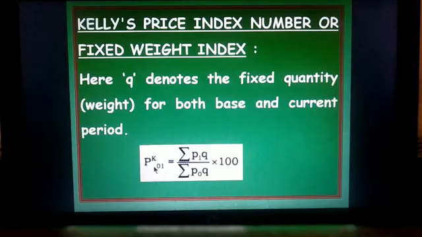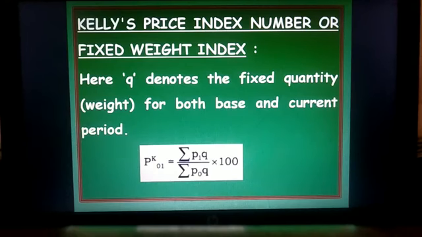So the expression goes in this way. P01 is as usual notation. K is nothing but Kelly's price index number, and sum of P1 Q divided by sum of P0 Q as usual. Q is the weight applied, and multiplied by 100 as usual for any index number to express in terms of percentage.